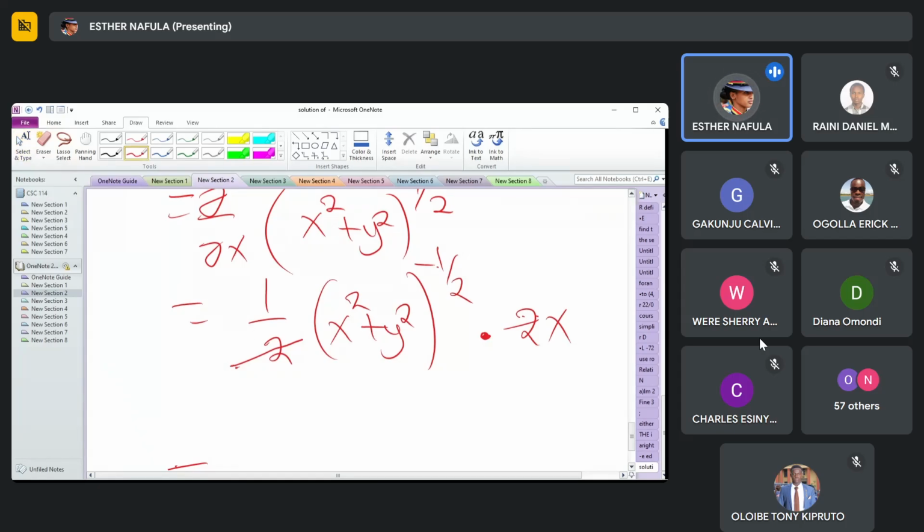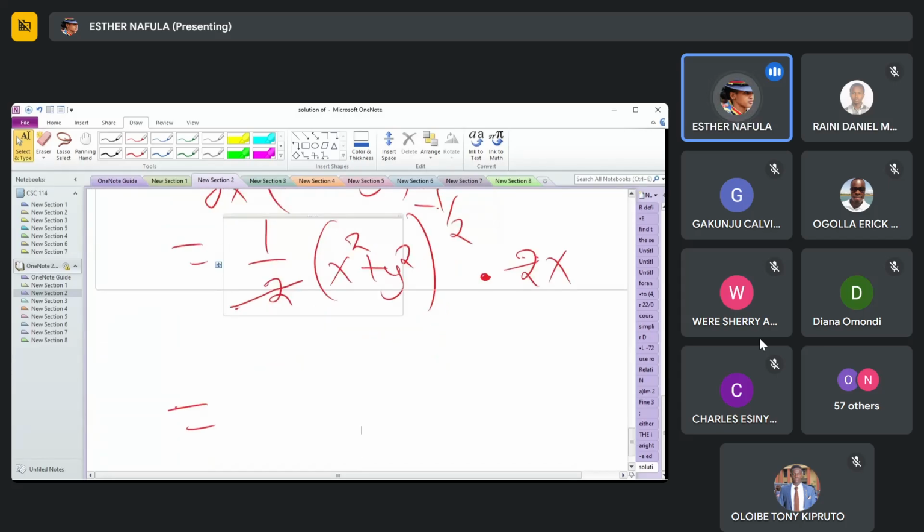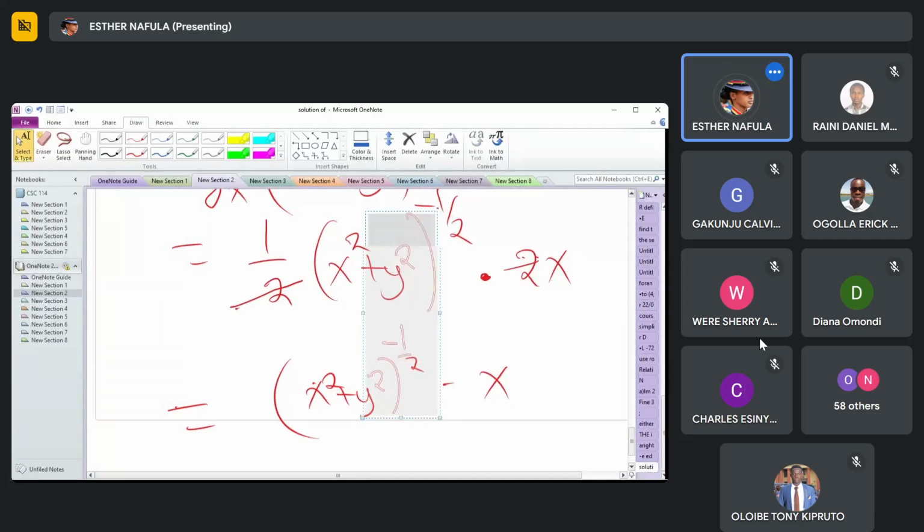So the 2 in the denominator cancels out with the other 2 in the numerator, and we have x squared plus y squared raised to minus half times x.